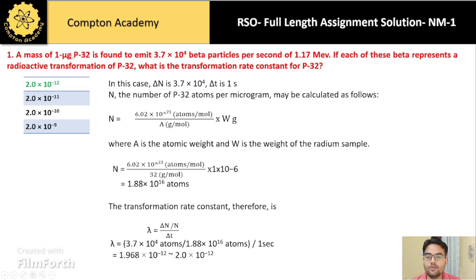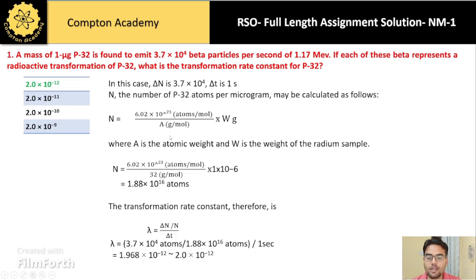So first we will calculate the number of atoms present in 1 microgram P32. To calculate this, we will use the equation with 6.023 × 10^23, which is the Avogadro number, present in 32 grams of phosphorus. Here W is the weight of this P32, which is equivalent to 1 microgram.